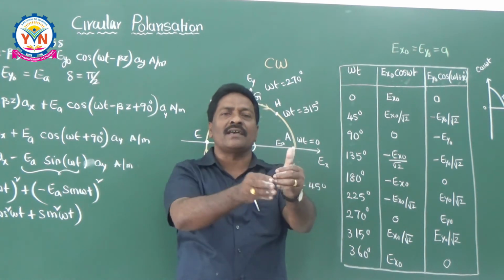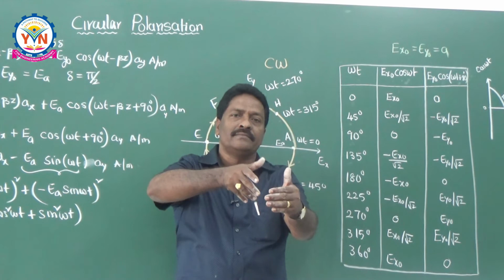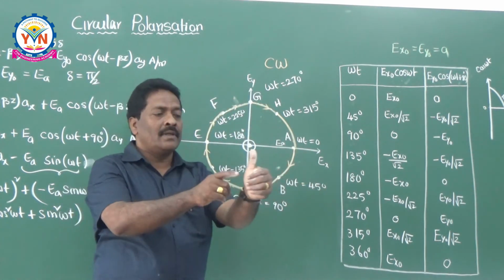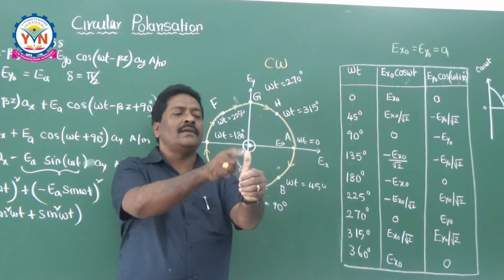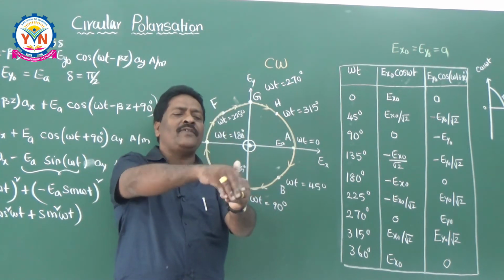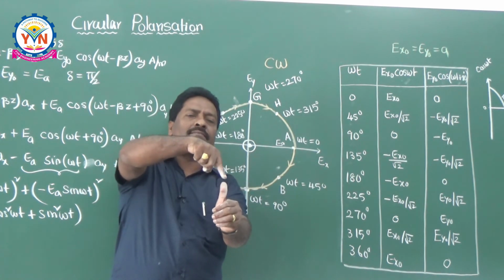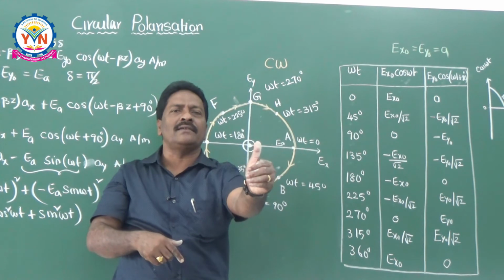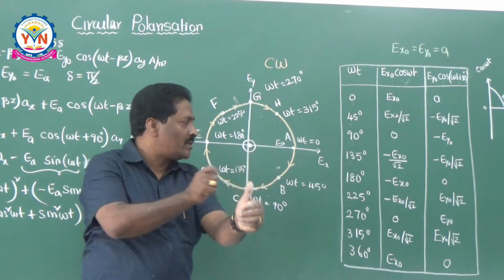The other fingers tell about this movement. If you observe here, the thumb is the direction of the wave, and the other fingers are telling clockwise movement. So this left hand is actually telling about this.